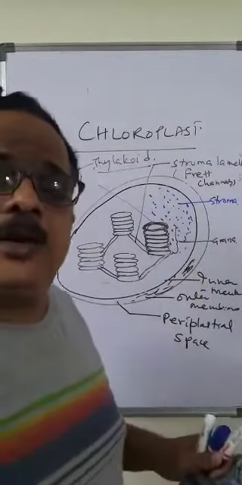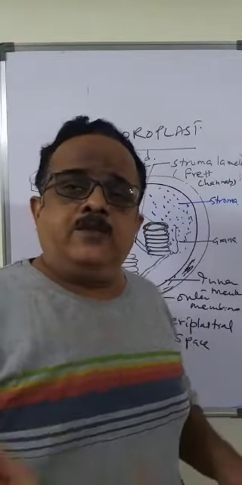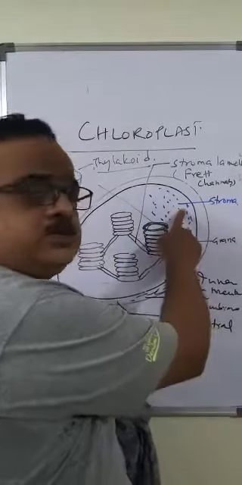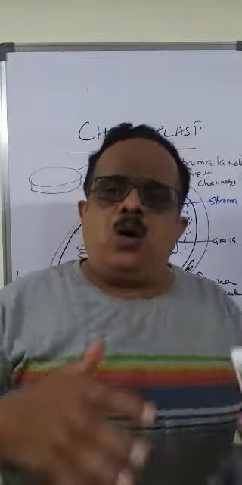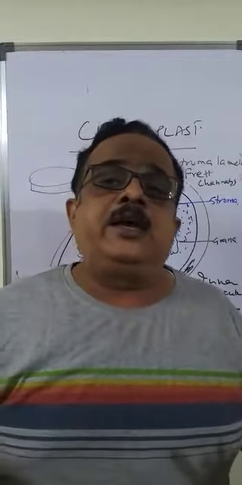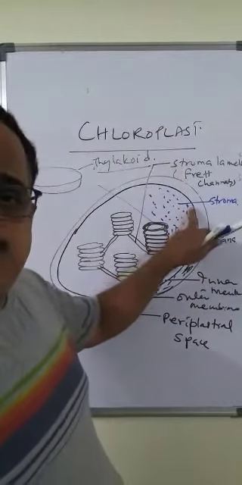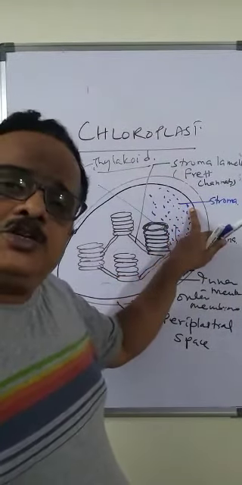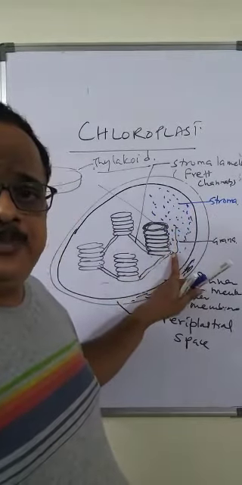So what is dark reaction? Dark reaction is nothing but the Calvin cycle. The Calvin cycle occurs in the stroma because all Calvin cycle related enzymes are stored in the stroma. So the Calvin cycle, or dark reaction, occurs in stroma, and light reaction takes place in grana.